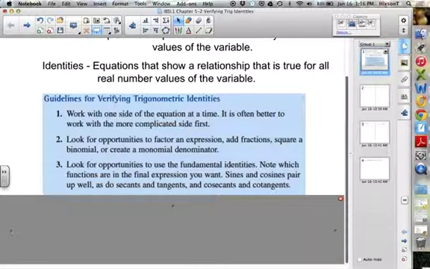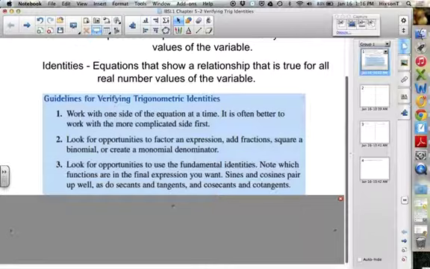Okay? So, looking at those types of things and trying to work with them with that in mind can be helpful. Okay? So, if you have one that has secants and tangents in it, maybe you don't just automatically put everything into sines and cosines. Okay?